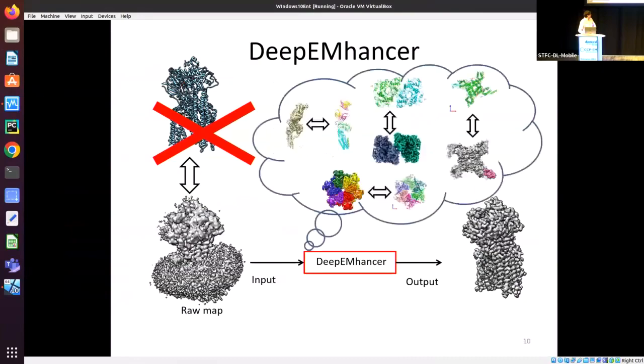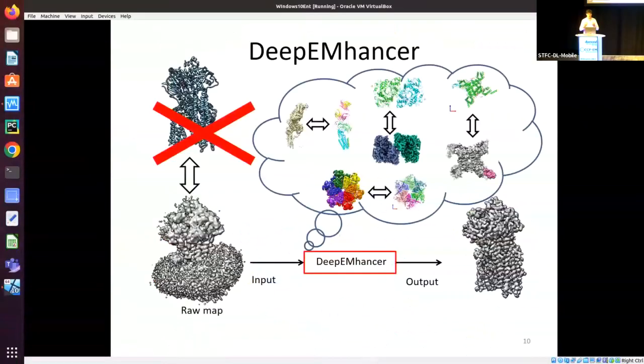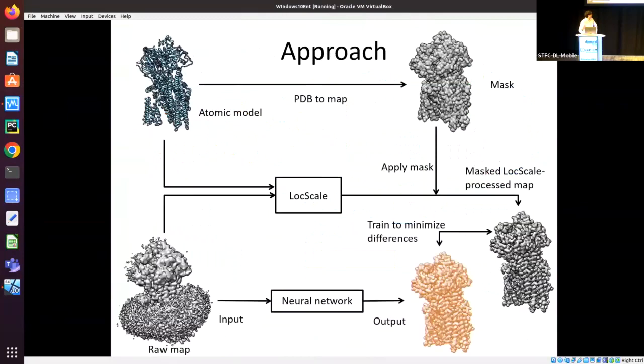And in order to do so, we need to get another source of information, another source of biases. And in this case it is the structural databases, the PDB and the EMDB, from which we can get atomic models and associated volumes. So this is the source of training data for the method. And this is how the actual implementation looks.